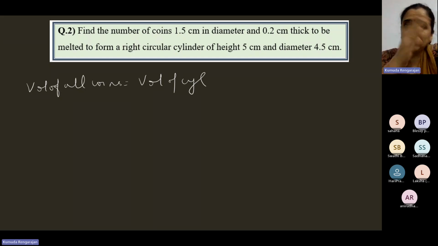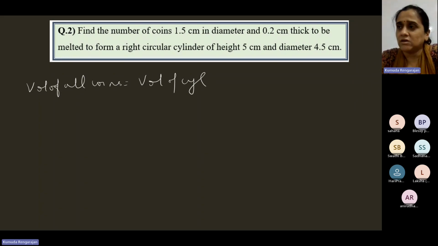So the volume of all these coins will be equal to the volume of that new cylinder. All these coins are melted, now there are no more coins, and they become a cylinder. This is what we understand, correct?